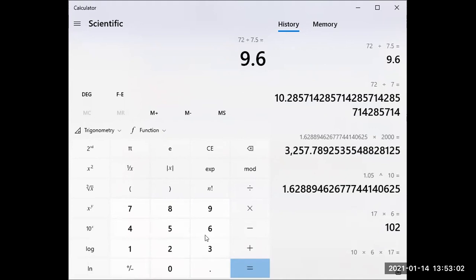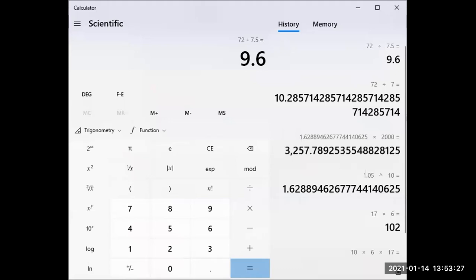Always round up. So what is this going to round up to? You want to always round up to the whole number. What does 9.6 round to as a whole number? Because we're on our calculator and we see 9.6, 72 divided by 7.5.